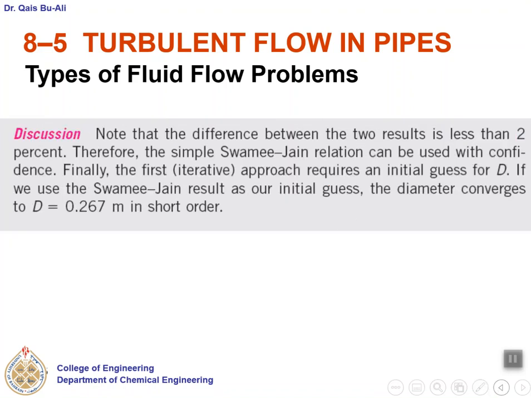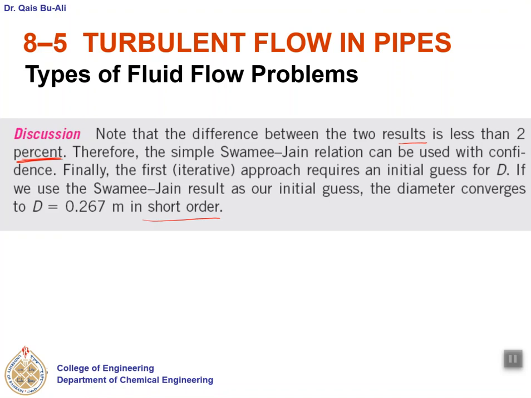As you can see in the discussion, the difference between the two results is less than 2%. Therefore, the simple Swamee-Jain relation can be used with confidence. Finally, the iterative approach requires an initial guess of D. If we use the Swamee-Jain result as our initial guess, the diameter converges in short order.